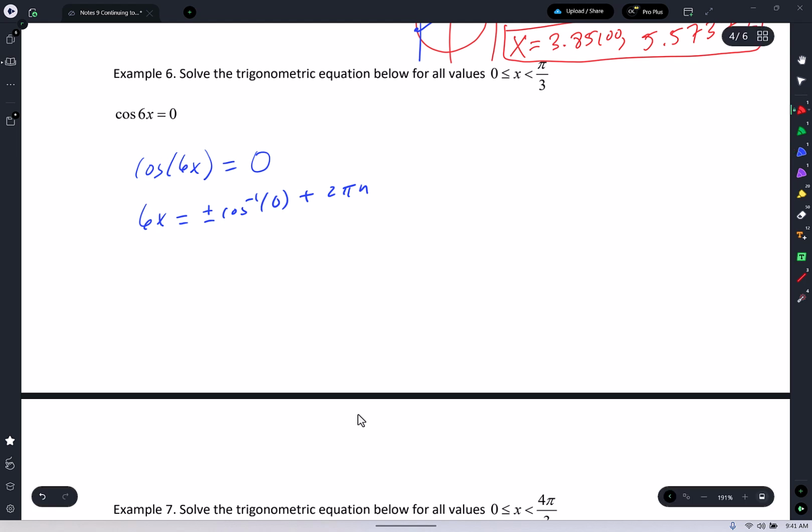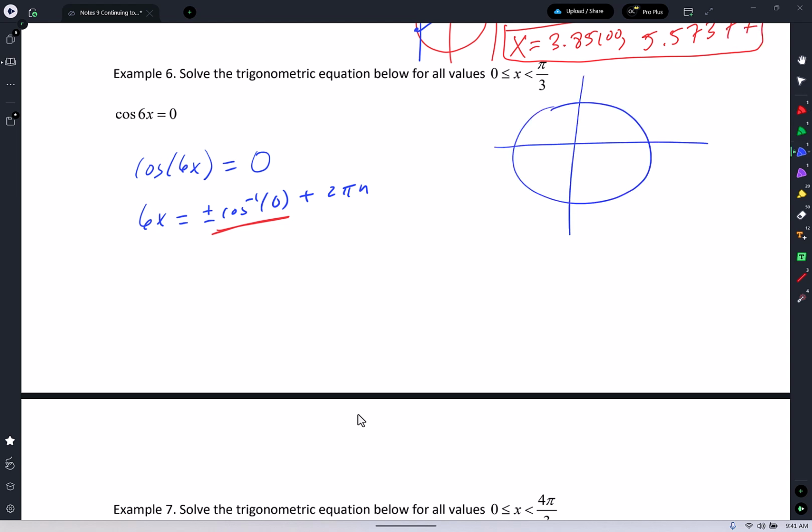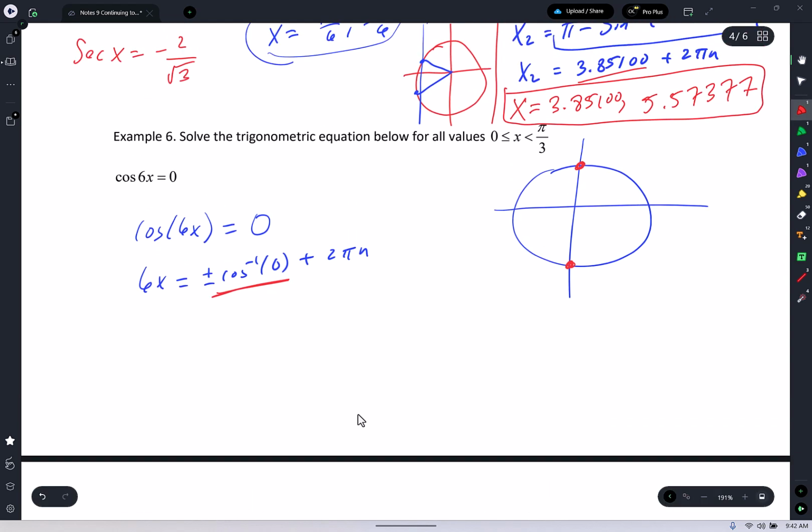If this is perfect, which it is, on the unit circle, I'll show you using logic and using formulas. On the unit circle, there's two locations where cosine is 0. Where and where? Perfect. Okay, so put your pencils down just for this.